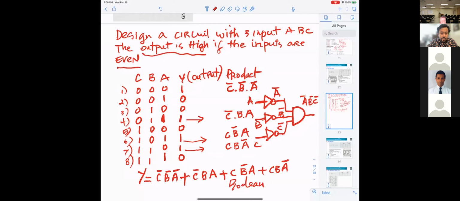My question is, the inputs are even. What do you mean by that? Because I have 3 inputs. You're adding the 3 inputs to get a number. 0 adding 0, adding 0, what do you get?